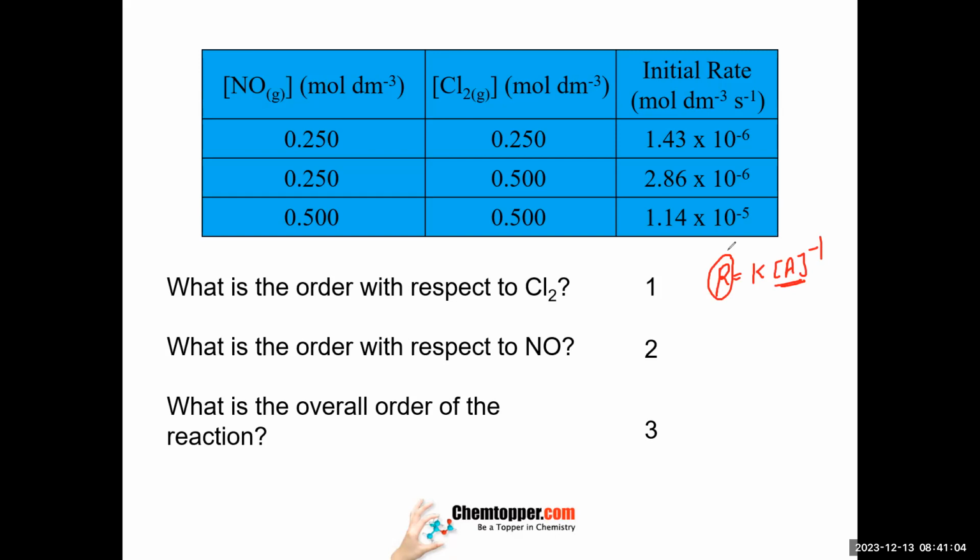Rate will decrease to half. Negative order means with the increase in concentration of the reactant, the rate will decrease.